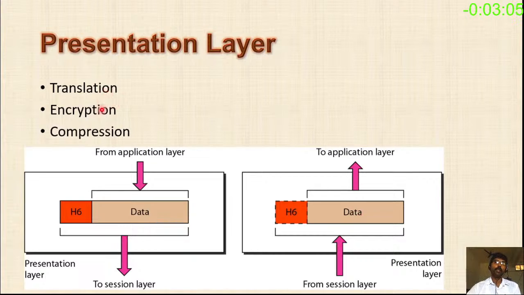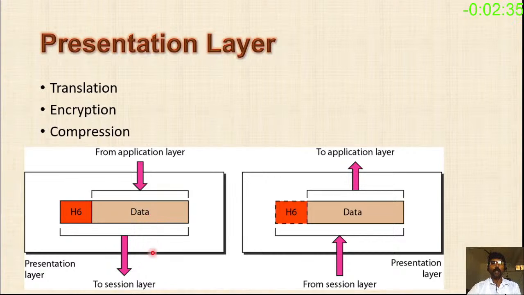The next one is called encryption. Encryption is mostly used for security purposes. When the data is sent, it is normal text. It is converted into a non-readable format called ciphertext, which is performed by a technique called encoding.